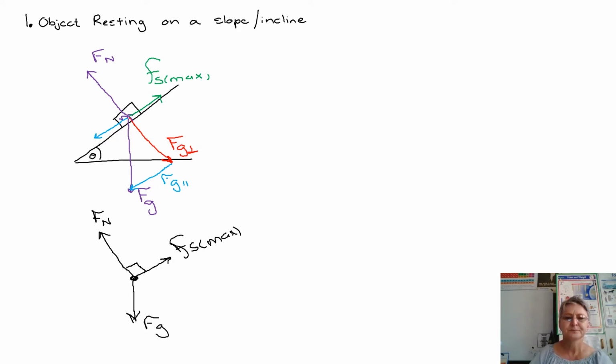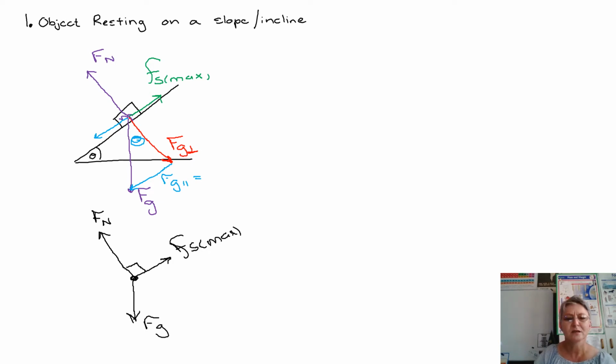Now, the component that wants to pull the object down the incline is Fg parallel, which we can calculate. That angle there is the same as the angle of the incline. So that angle there is theta.